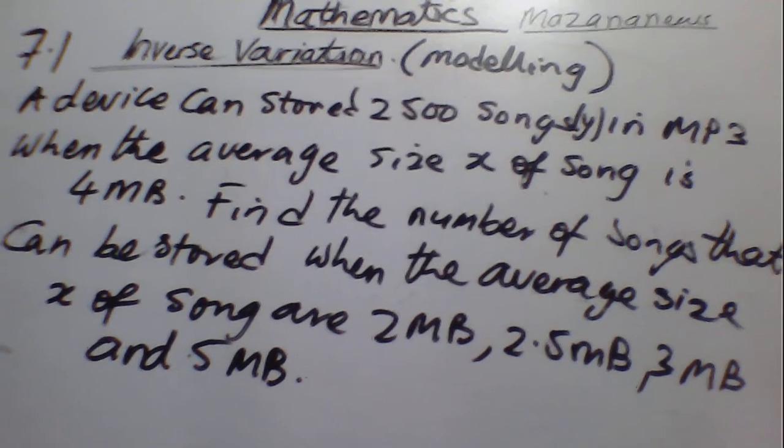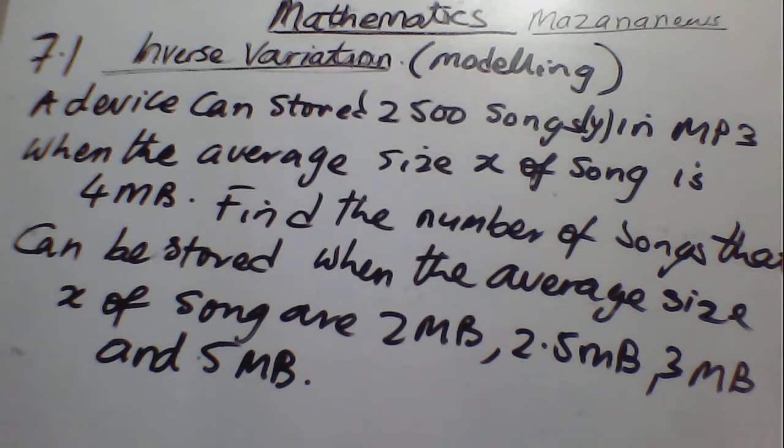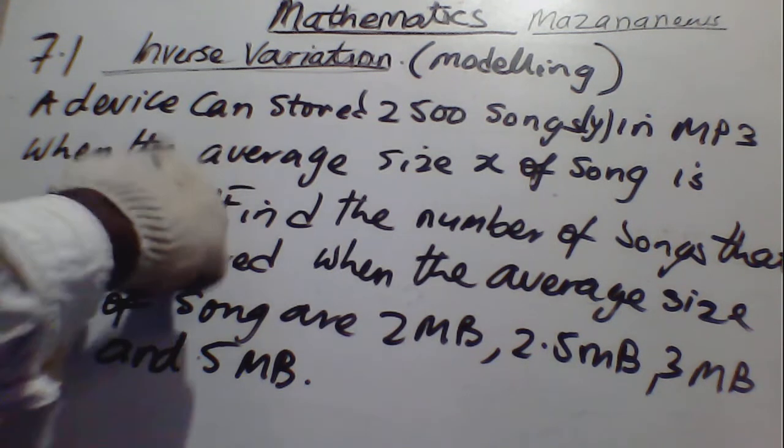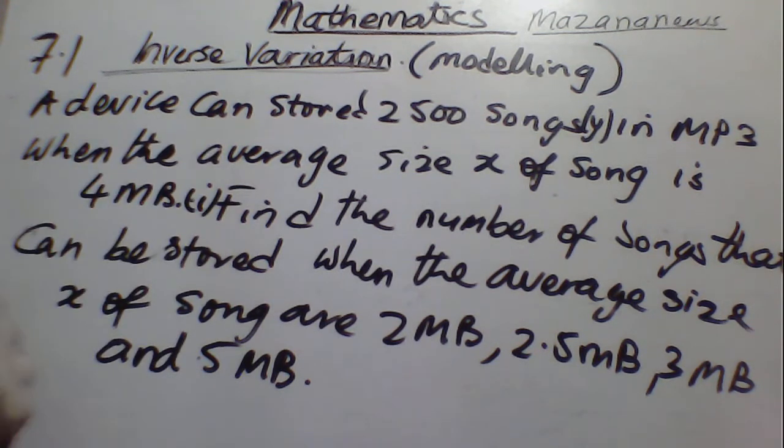I hope you are seeing it. So you are required to find the number of songs that can be stored when the average size x of song is 2, 2.5, 3, and 5 megabytes. This is the first part.